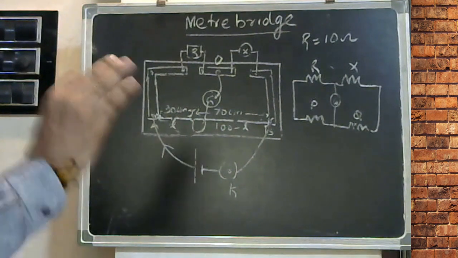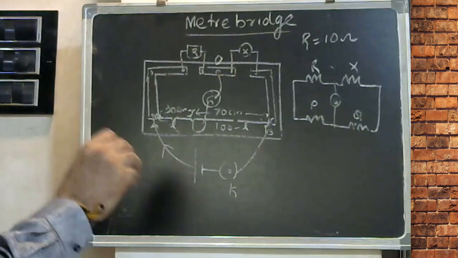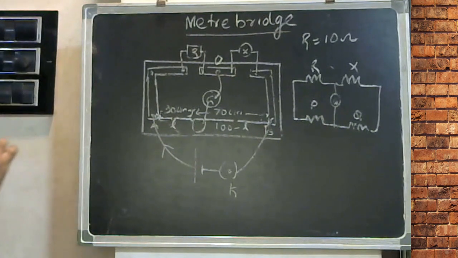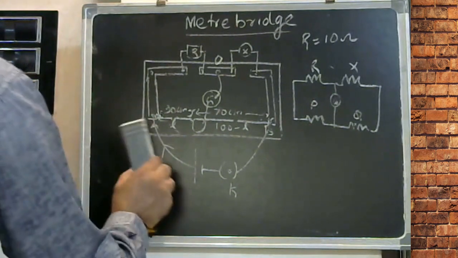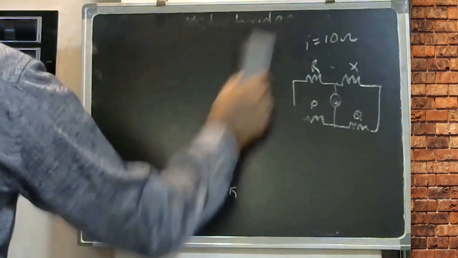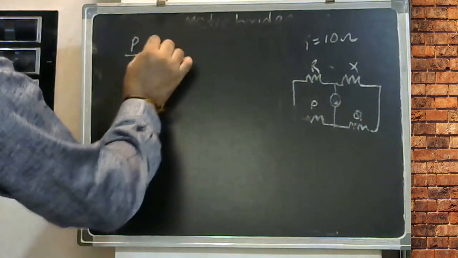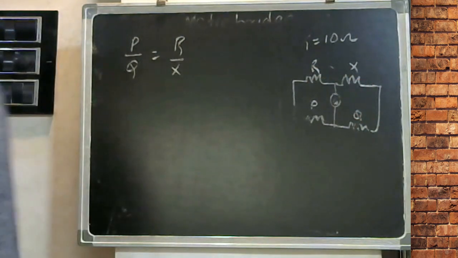So clearly it's a Wheatstone bridge. The meter bridge works on the principle of the Wheatstone bridge, where there are 4 resistors and a galvanometer that is not showing deflection, because P by Q is R by S. So clearly P by Q should be equal to R by X, that is R by X equals P by Q.